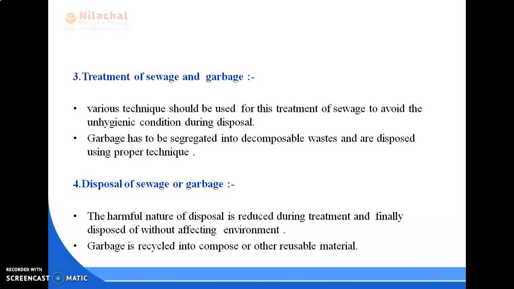Garbage has to be segregated into decomposable and non-decomposable wastes and disposed of using proper technique. At the garbage site, it is a major work to segregate the total waste into decomposable waste and non-decomposable waste.